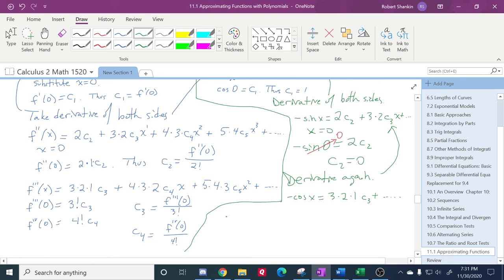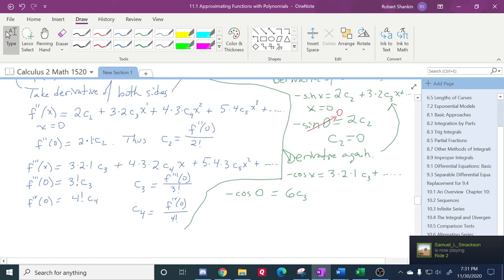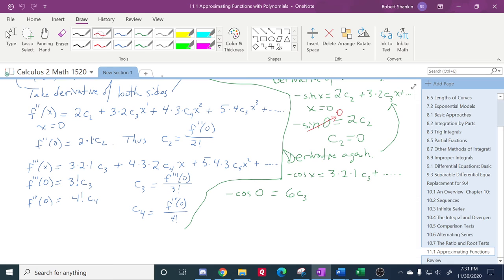So when you plug in 0, you get 6c3. Now cosine of 0 is 1, so negative 1 equals 6 c3. So c3 is negative 1 sixth, or negative 1 over 3 factorial.